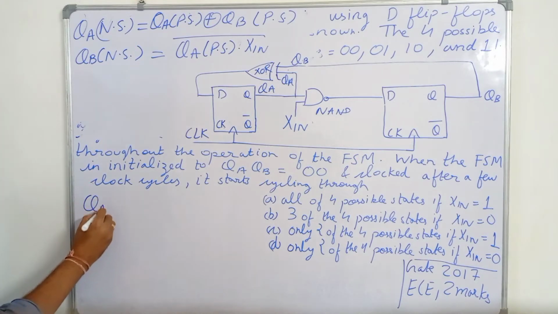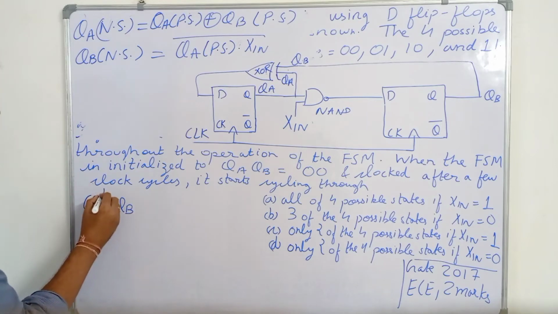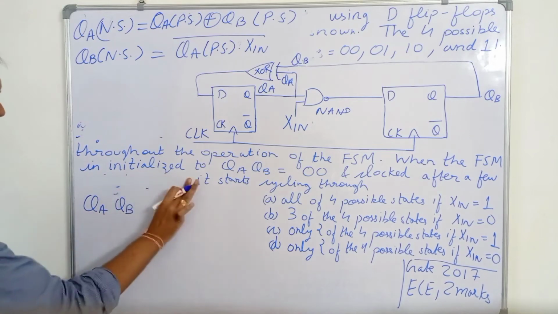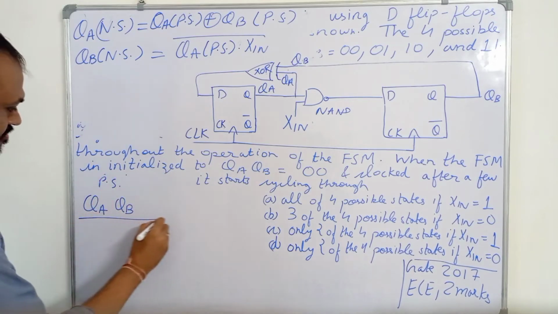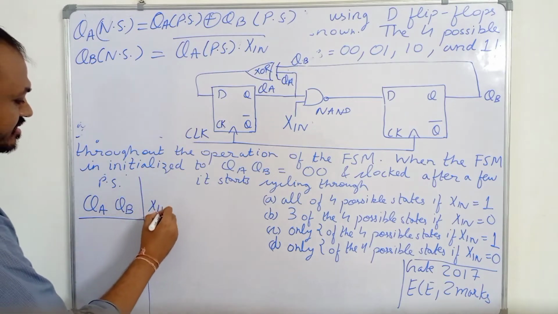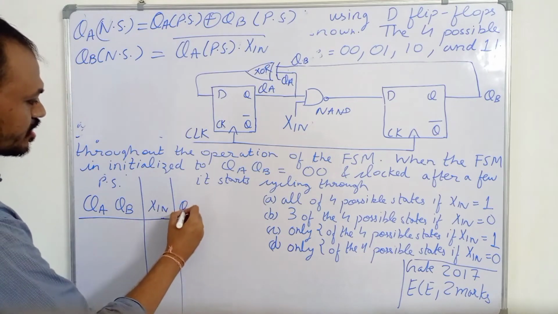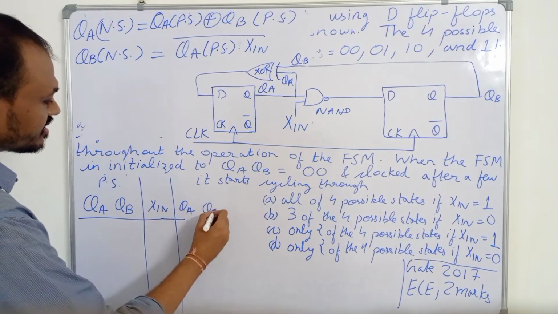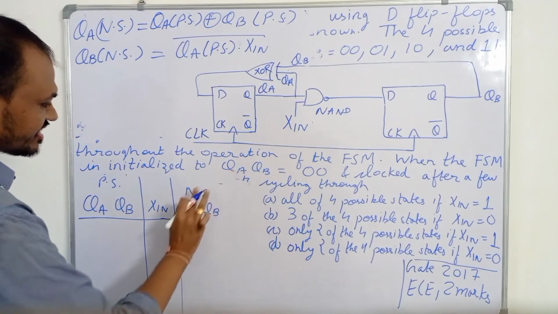So I am writing it here, QA, QB. These are the present states. Then Xin, then QA, QB. These are the next states.